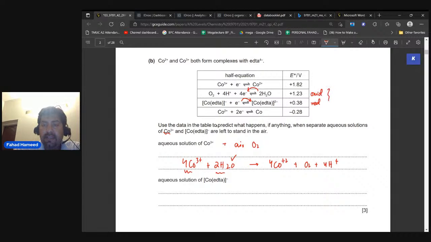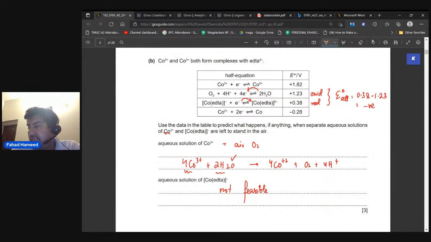The E0 cell is reduction potential minus oxidation potential. That's 0.38 minus 1.23, and that comes out to be a negative value. That means it's not feasible. So the answer to this one is the reaction is not going to be feasible in this particular case.